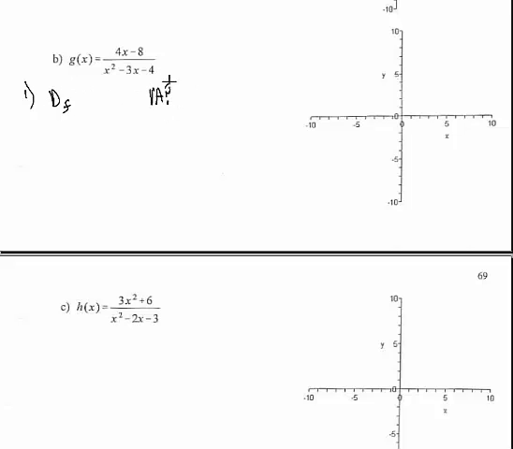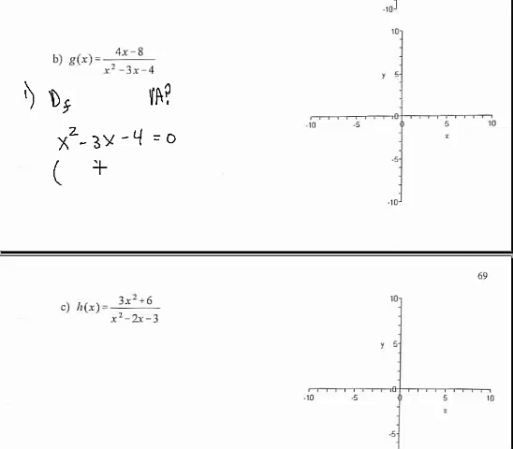What numbers do we not want to put in so that the denominator doesn't become 0? And I'm just used to writing it this way. Denominator equals 0. You could use does not equal if that makes more sense to you. I just know that whatever x's I get from solving this equation, I know that they're not in the domain.